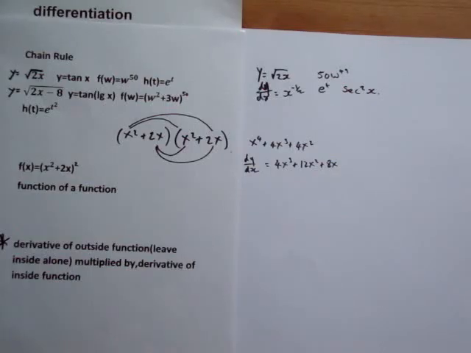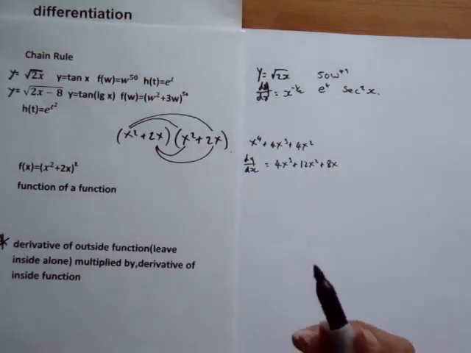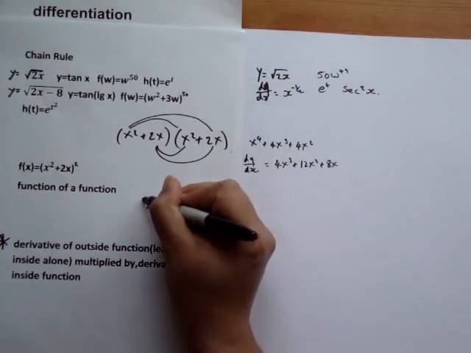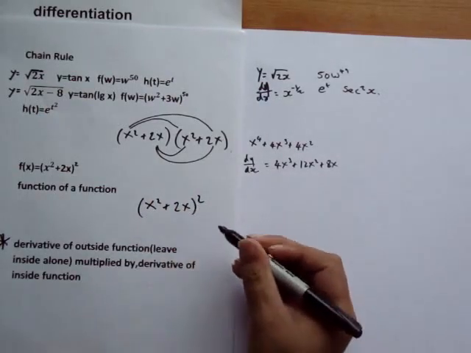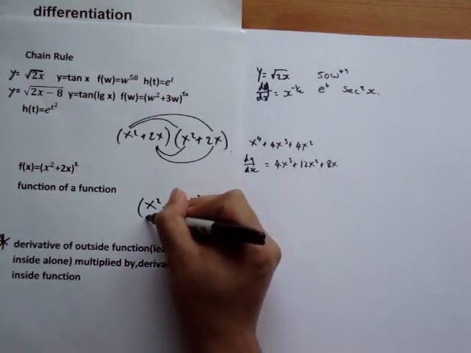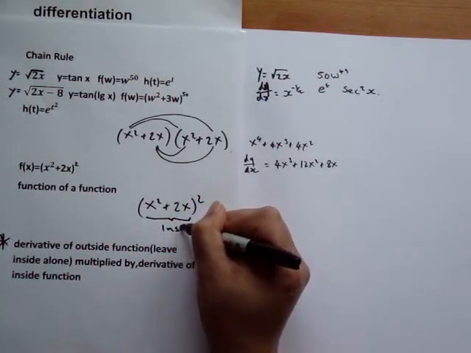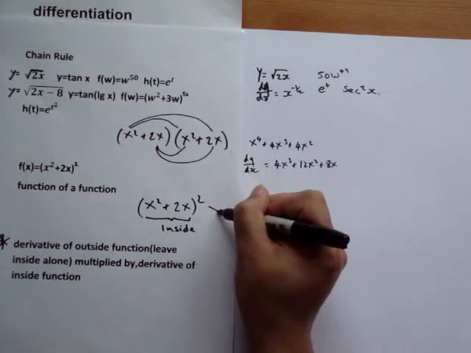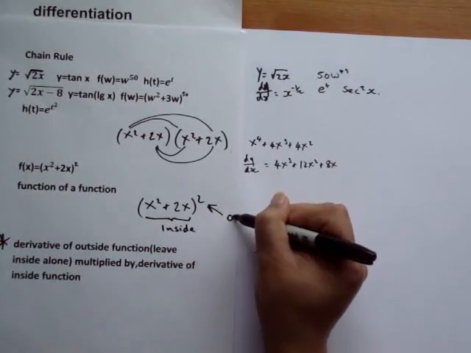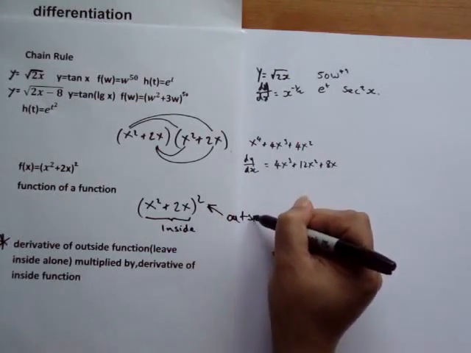So what do we mean by that? Well, let's take this top one again, for example. X squared plus 2x all squared. This is the inside, and this is the outside.